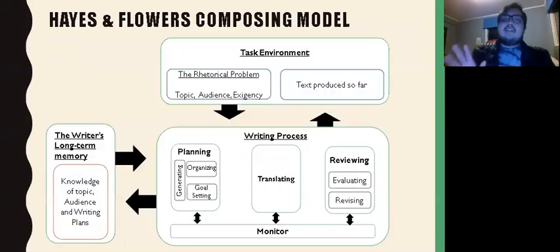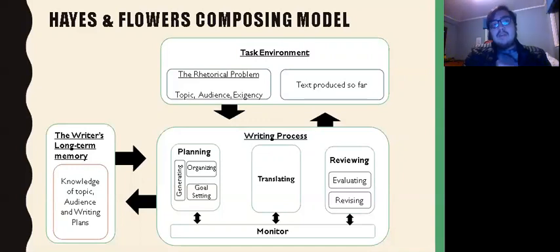This is the Hayes and Flower composing model. Here we have three major bubbles. The first one is the writer's long-term memory. This would be where the knowledge of the topic, the knowledge of the audience, the writing plans for the task ahead.